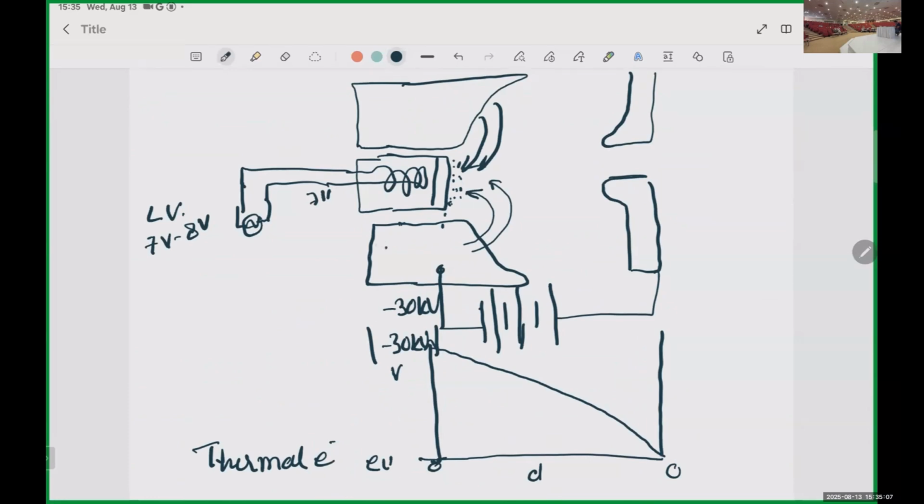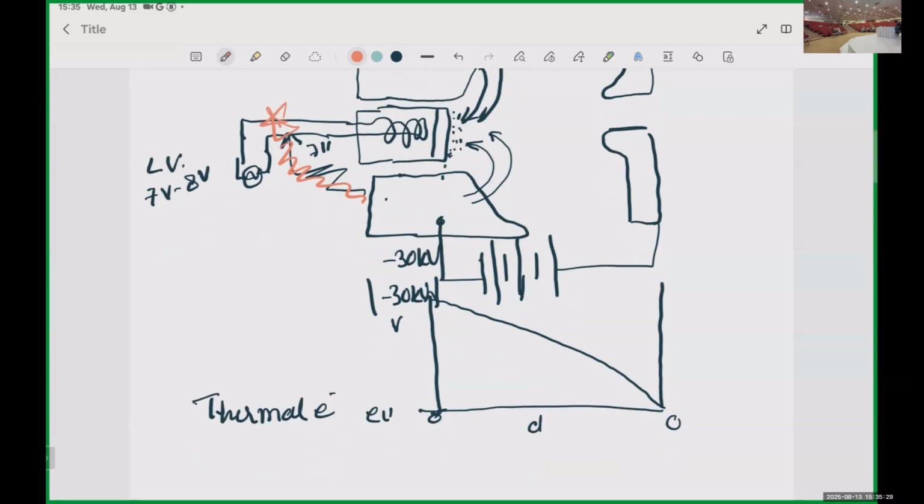This electrode is at minus 30 or minus 50 kV. Suddenly there is going to be a spark. Maybe I can draw the red line. Disaster. It will burn. So it's not going to work this way. We have to devise a scheme.